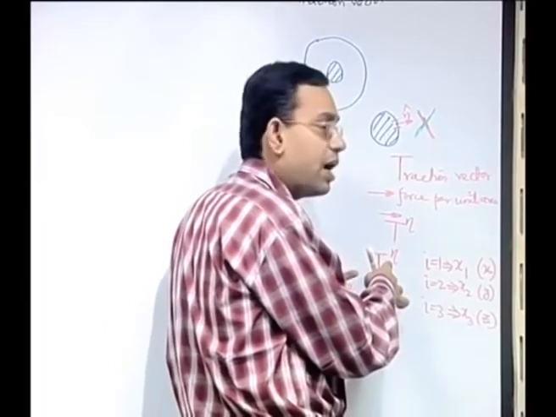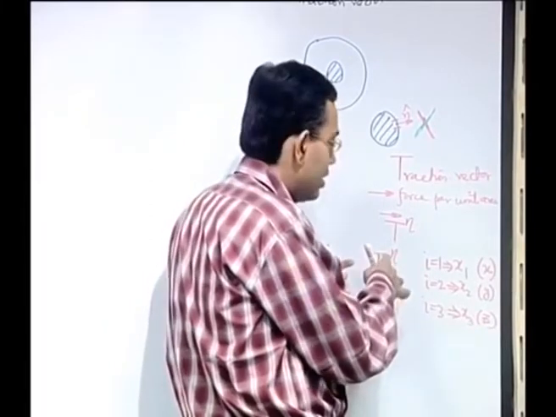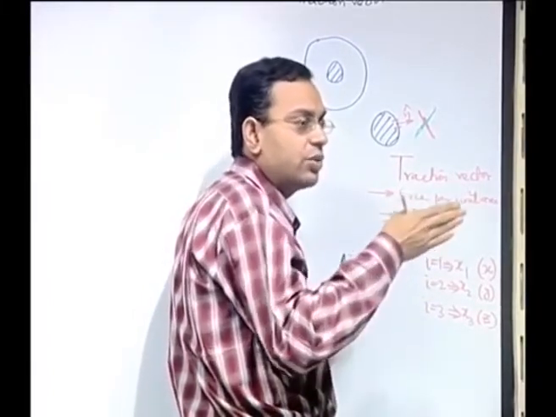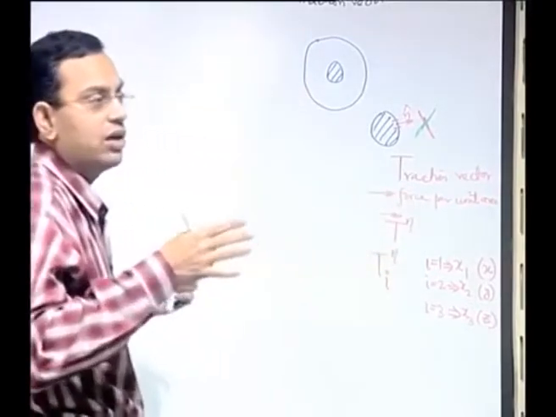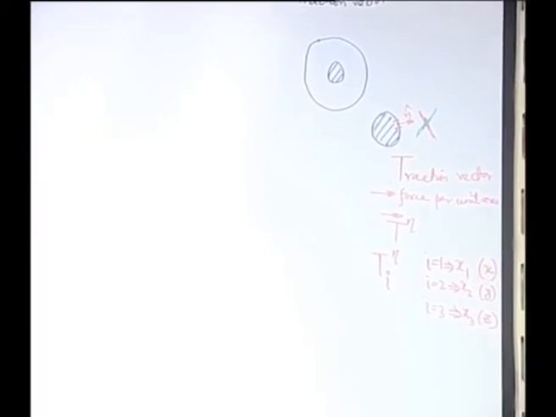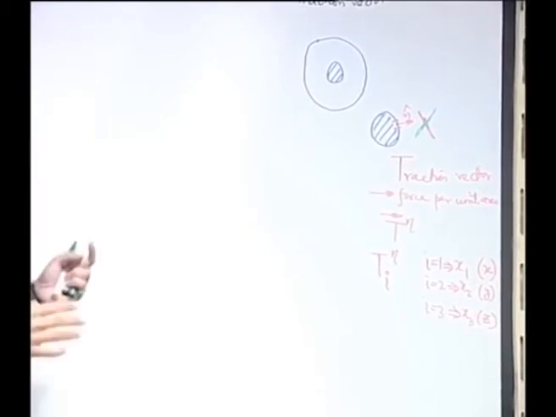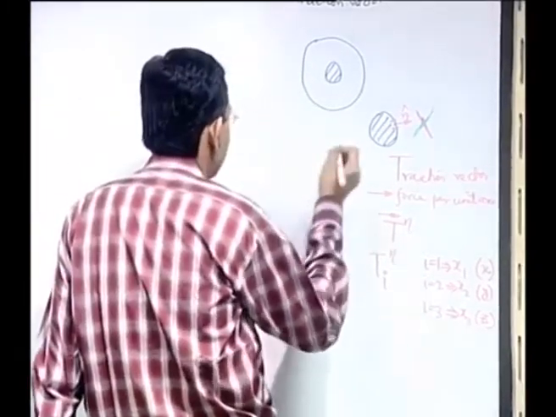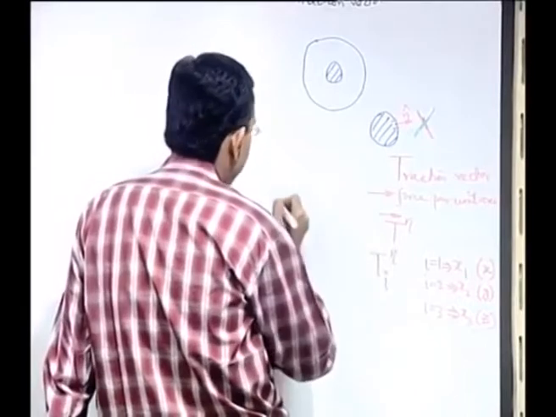Any surface can be arbitrarily oriented, but there are certain standard surfaces which have their normals either along x1 or along x2 or along x3. Those are special surfaces on which we have special effects on the traction vector. What are those special effects? To consider that, let us draw a simple diagram.